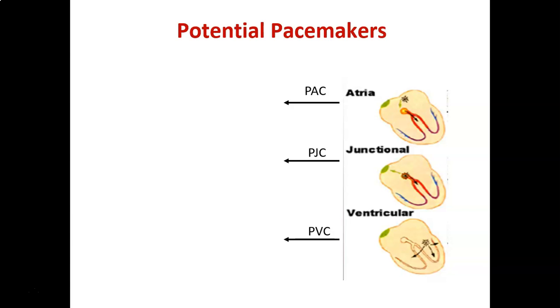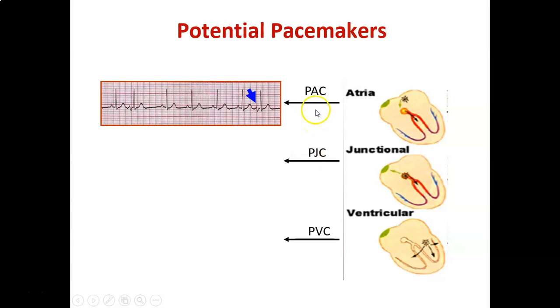So one mechanism of junctional arrhythmias was escape phenomena, okay, where the SA node doesn't fire and AV node takes over. The second mechanism where the electricity can be produced from the junction is a potential pacemaker or an ectopic focus. An ectopic focus can be seen in the atria. We get the premature atrial complexes.